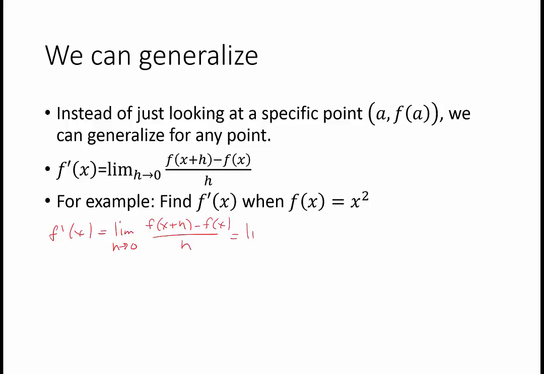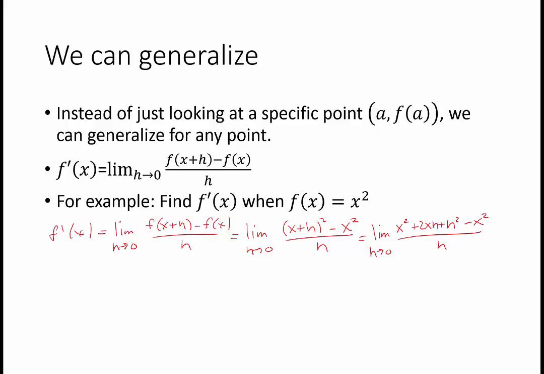But in this case, f of x plus h is x plus h squared, and f of x is x squared. Can I apply the limit at this point? Nah, I get a divide by 0 error. Let's see if we can do some algebraic manipulation. The limit as h approaches 0 of x squared plus 2xh plus h squared minus x squared over h.